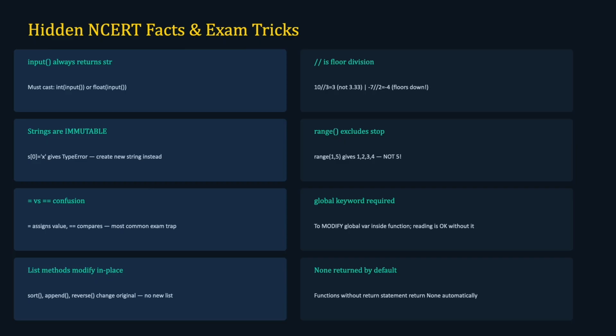Range excludes the stop value: range(1, 5) gives 1, 2, 3, 4, not 5. Single equals assigns, double equals compares. The most common syntax error. The global keyword is needed to modify, not to read. List methods modify in place. Functions without return give None.